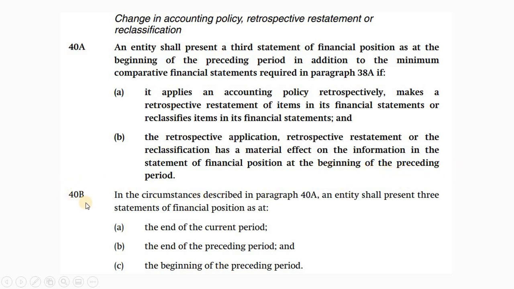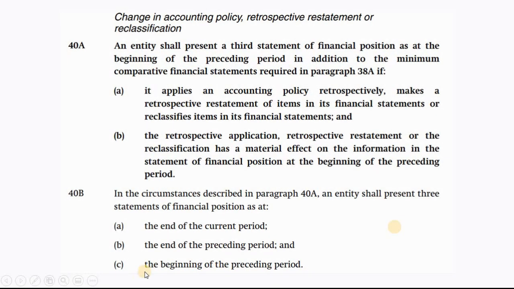Then in paragraph 40B, in the circumstances described in paragraph 40A, an entity shall present three statements of financial position as at the end of the current period, the end of the preceding period, and the beginning of the preceding period. So this is the guidance under PAS 1 about the presentation of the statement of financial position if there is a change in accounting policy, retrospective restatement, or reclassification.